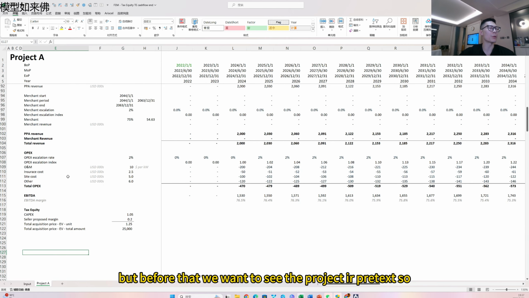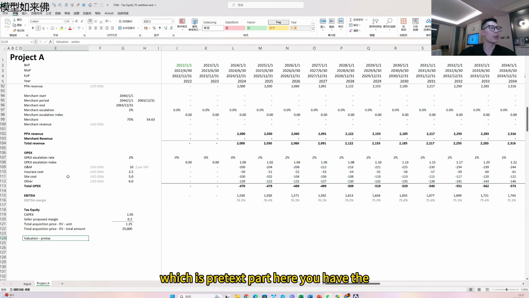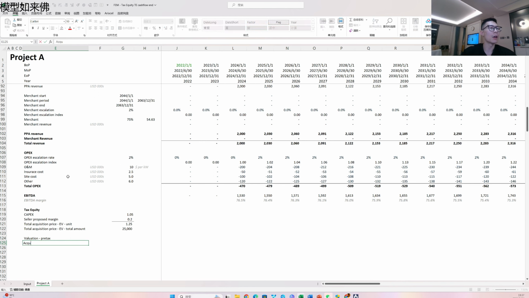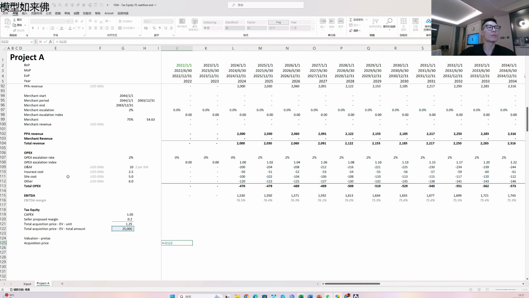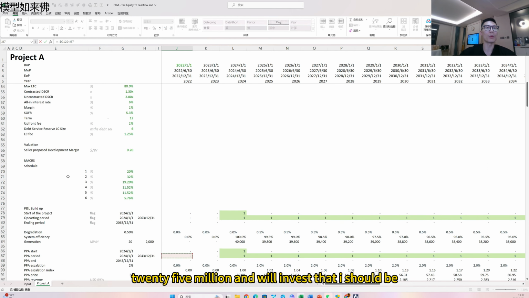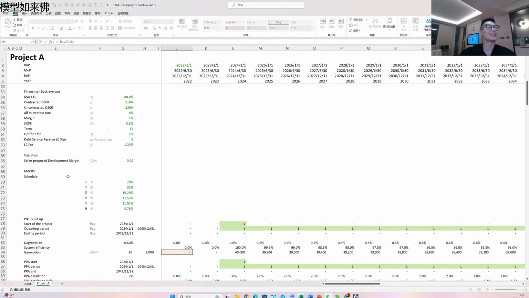But before that, we want to see the project IRR pre-tax. So let's do a valuation, which is the pre-tax part here. You have the acquisition price, which shall be equal to your 25 million, and when we invest that, should be here.